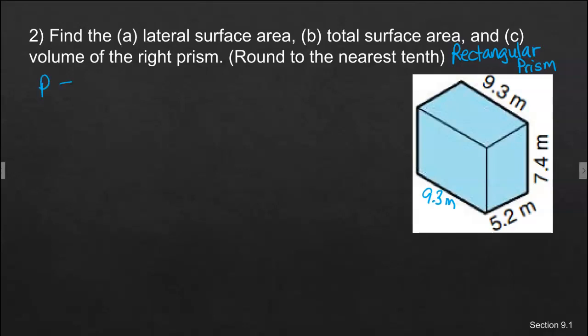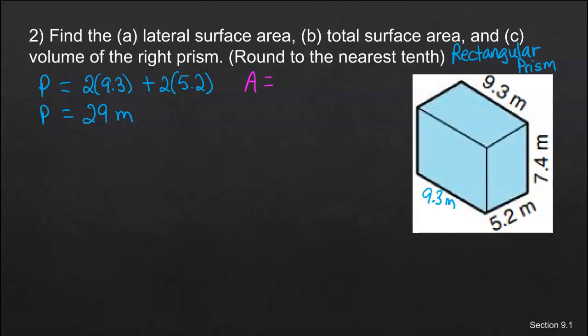I'm going to find my perimeter. So the perimeter of my base, remember, that's going to be 2 times 9.3 plus 2 times 5.2. So perimeter is 29 meters. And then I'm going to find my area, which is just length times width.